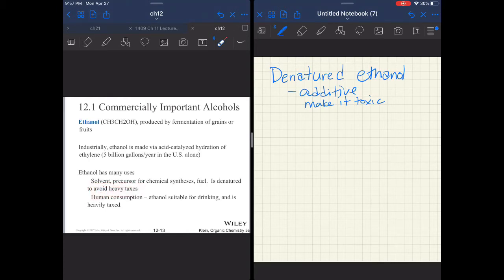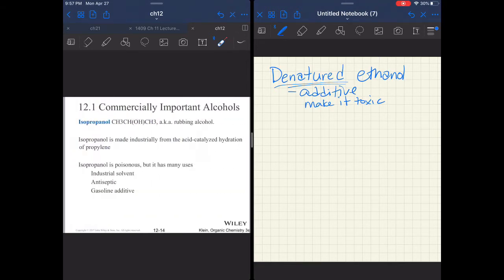If you were going to sell ethanol for human consumption, then it's going to be heavily taxed, but it will be safer for people to drink. So if you ever see denatured alcohol, this is not something for human consumption. It's purposely made not for human consumption, right? So we do not want to mess with consuming any denatured alcohol.